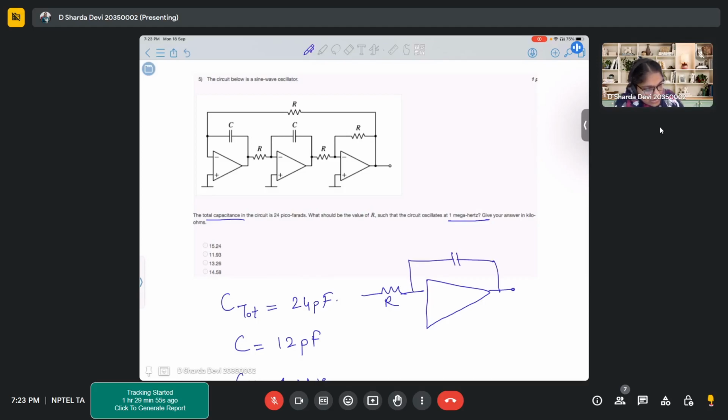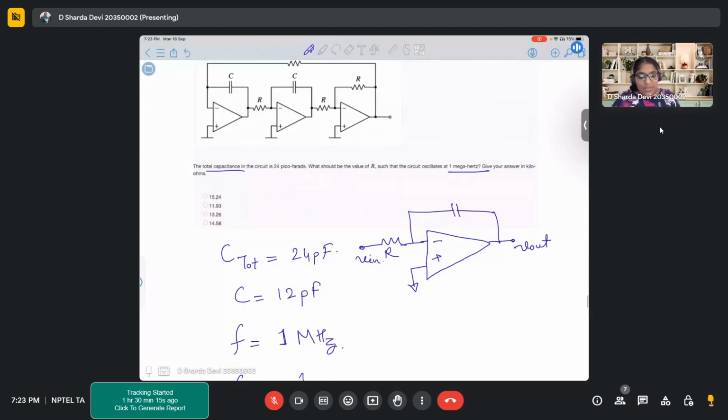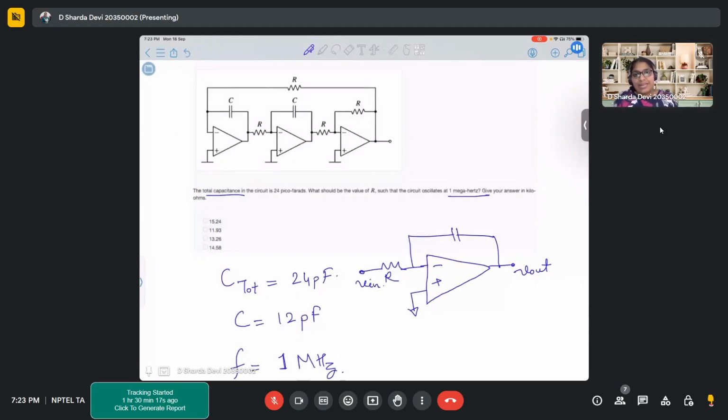With my understanding, ma'am, the second block is acting as an integrator, and the third op amp is acting as an inverting amplifier. Yes. So what is the basic building block from where you will get the frequency component?